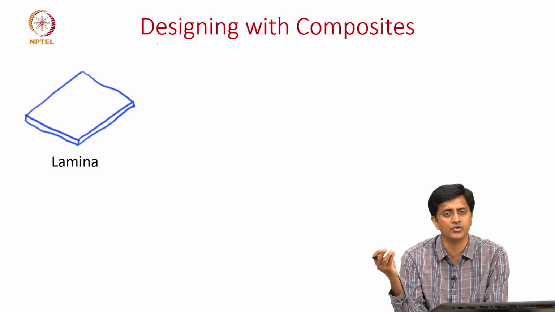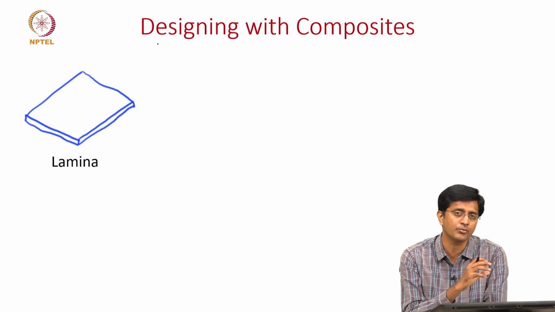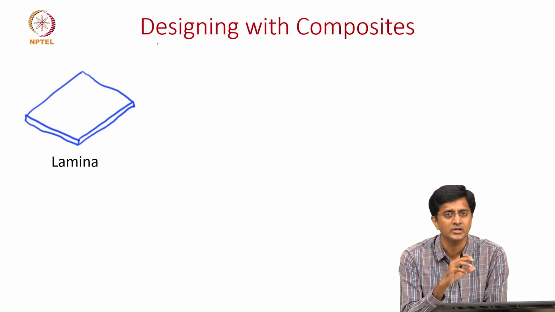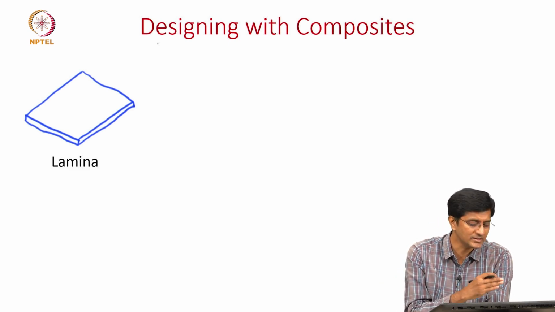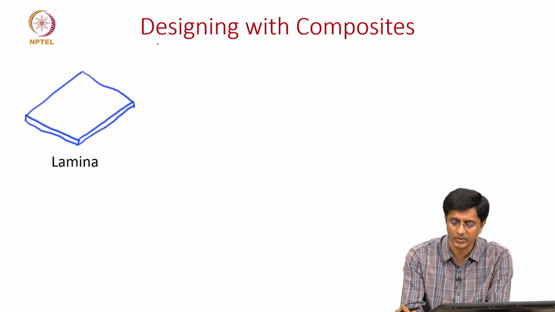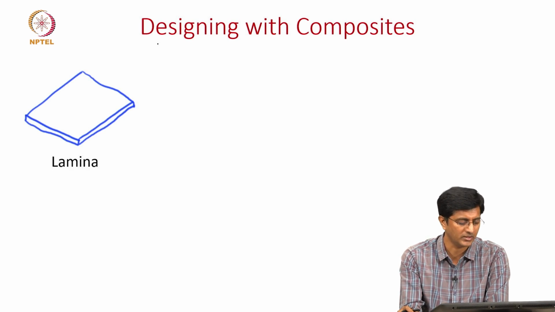Can we use this information along with the volume fraction of the fibers to predict the properties of the lamina? That is what we will call the micromechanics of lamina, which we will be studying in the next few weeks. So, that is all the design and analysis involved while we are looking at just a single layer, which we call the lamina or the ply.